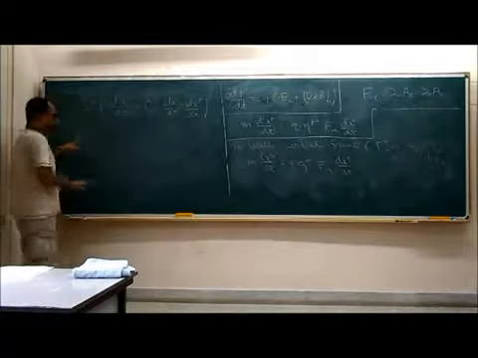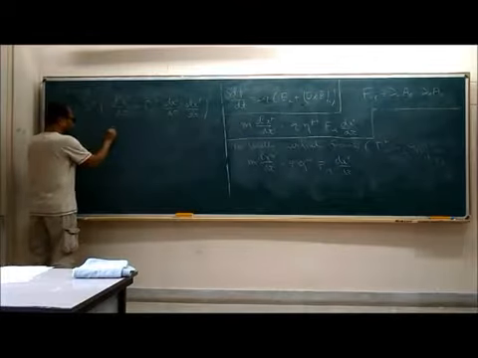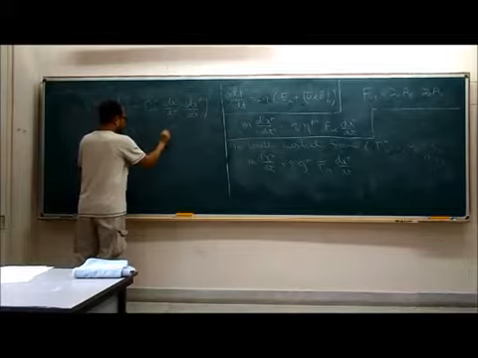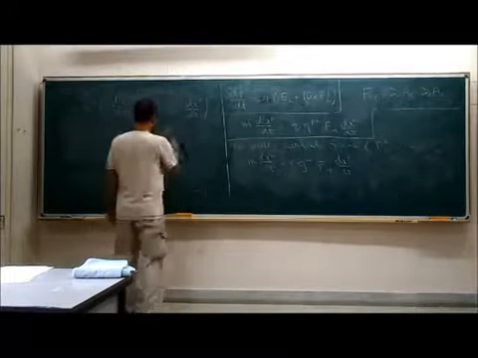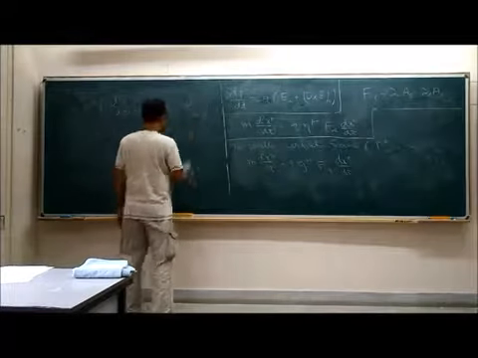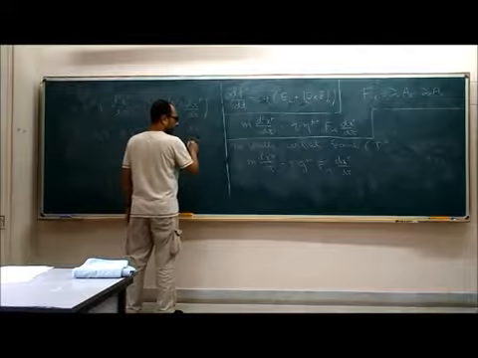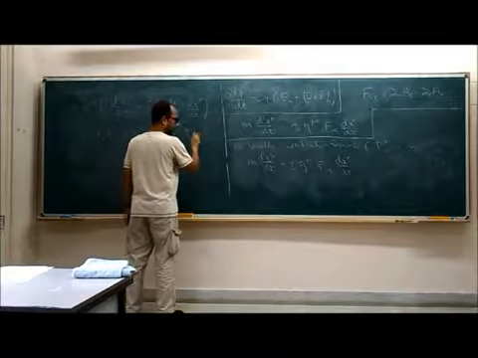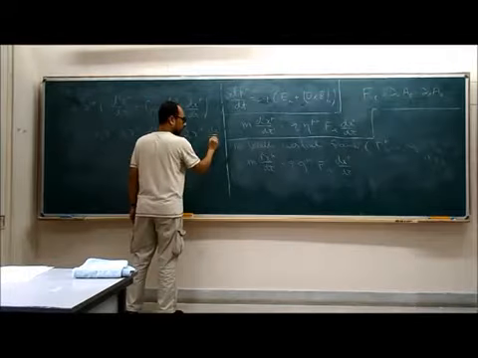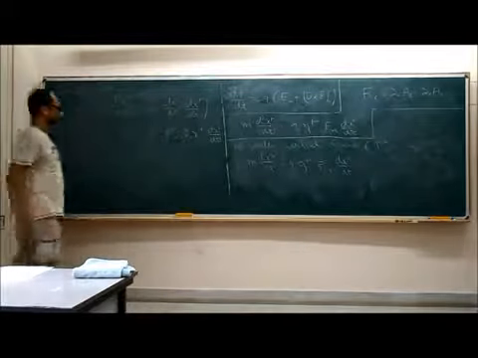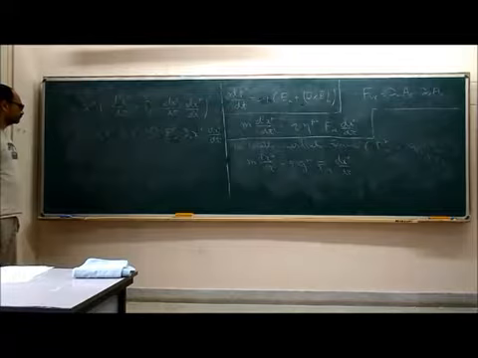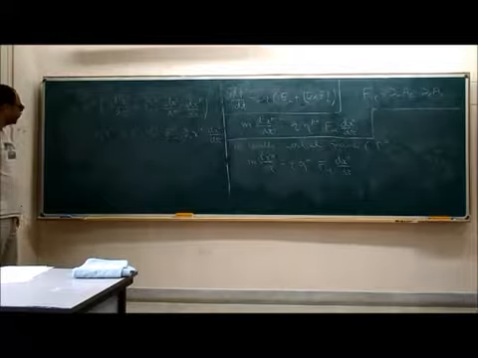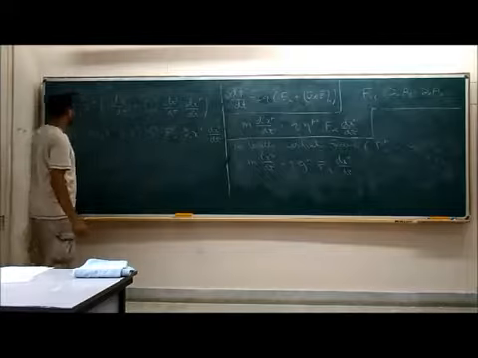So here I can write this as q over m times ∂_α x'^ν ∂_β x'^ν g^αβ F'_μν times ∂_γ x'... dx^γ/dτ. Is this okay?